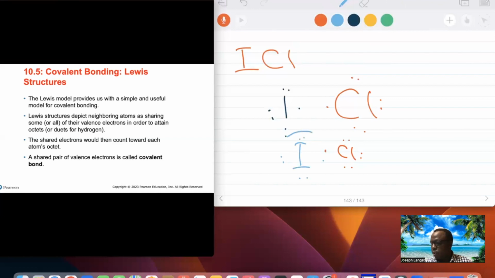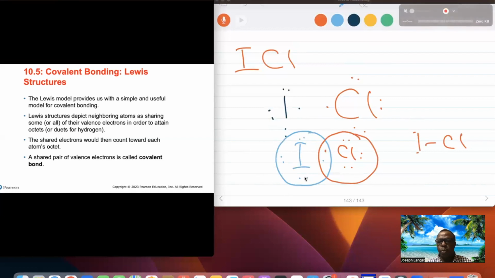If you look at the iodine and chlorine, they form a chemical or covalent bond, with each one of them having 8: 1, 2, 3, 4, 1, 2, 3, 4.